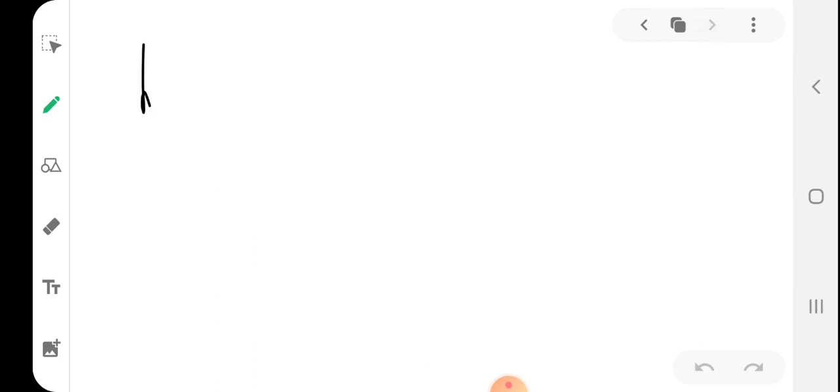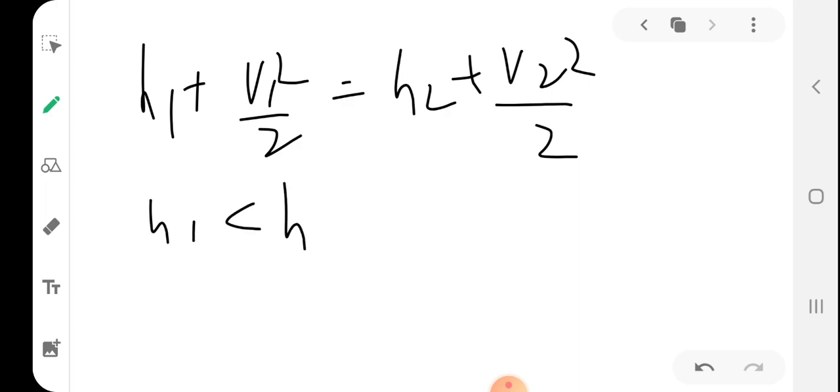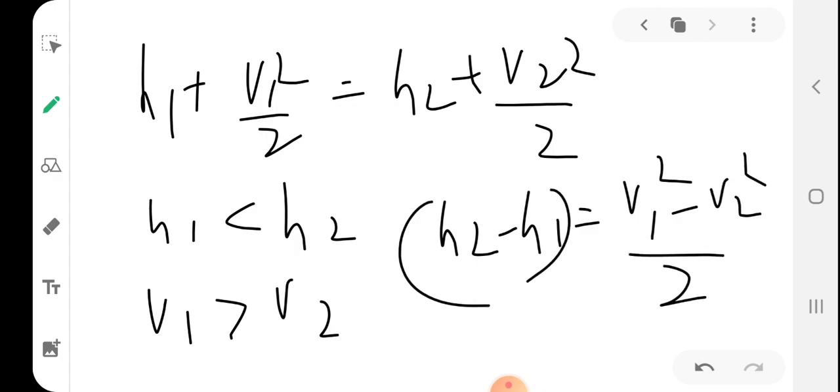In the diffuser, H1 plus V1 square by 2 equals H2 plus V2 square by 2. So H1 will be less than H2, and V1 will be greater than V2. We are reducing the velocity and increasing the pressure. So H2 minus H1 equals V1 square minus V2 square by 2. This is the isentropic case.